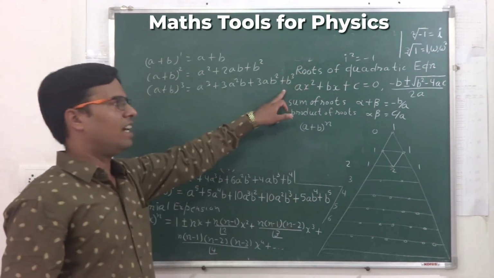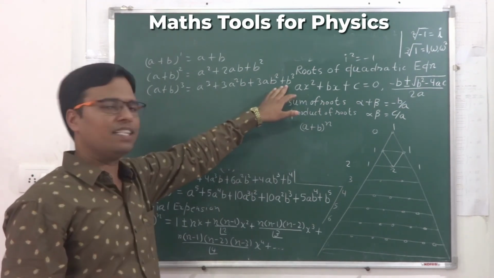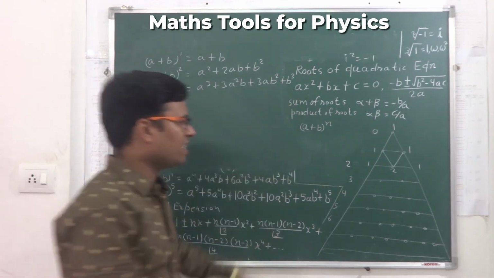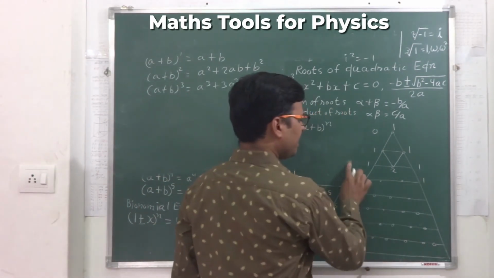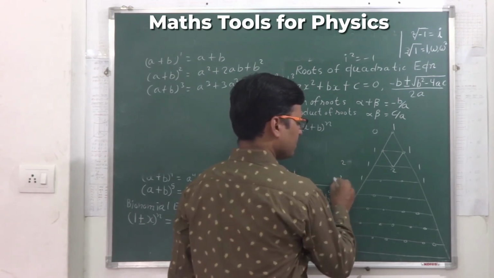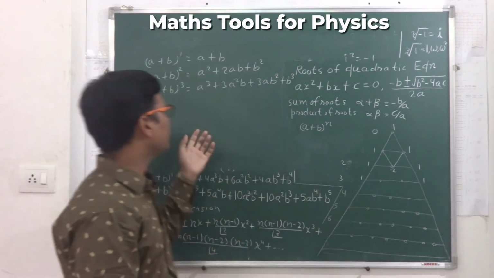In the last term you will have the maximum power of b. The multiplication factor is 1 here. So write down 1 and 1 in the extreme terms of this expansion.